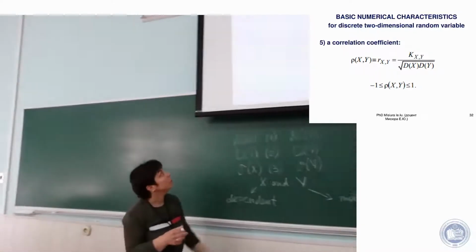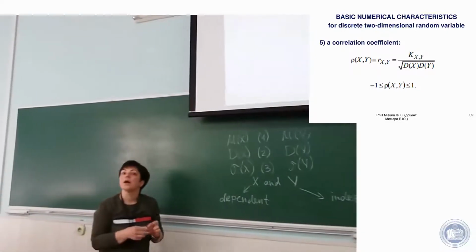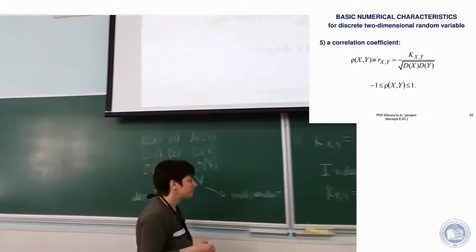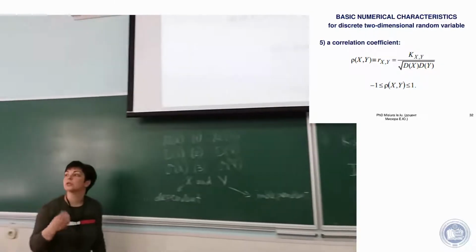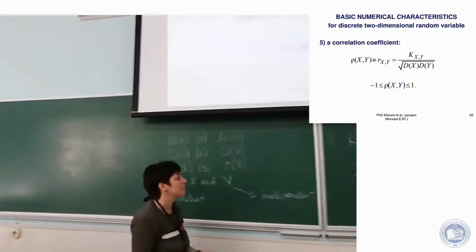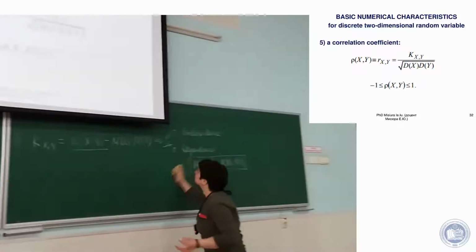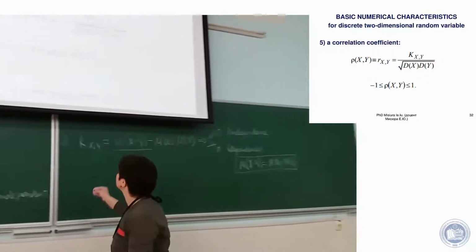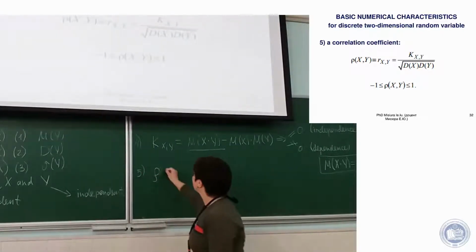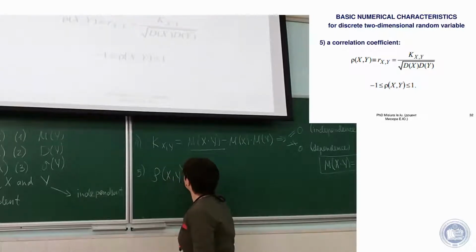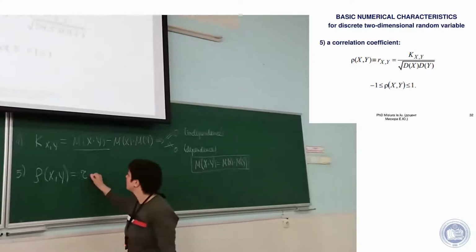It is called the correlation coefficient. Correlation means dependence between x and y. This coefficient is denoted as rho xy, or you can use little r xy.